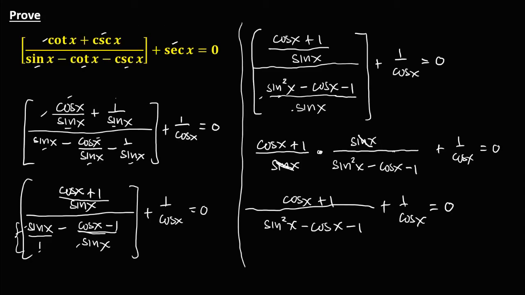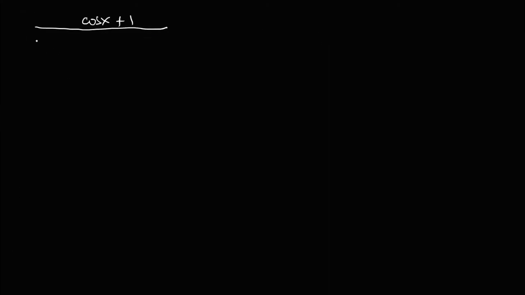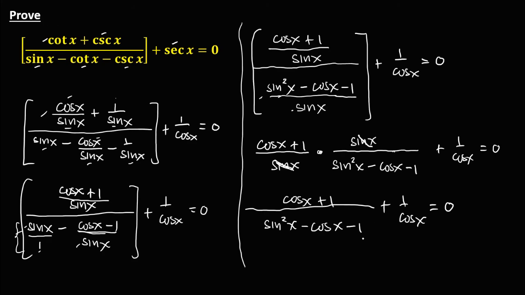Then simplify. So from this cosine x plus 1 over, so we have sine squared x minus cosine x minus. So we're going to rewrite this one in terms of sine and cosine.